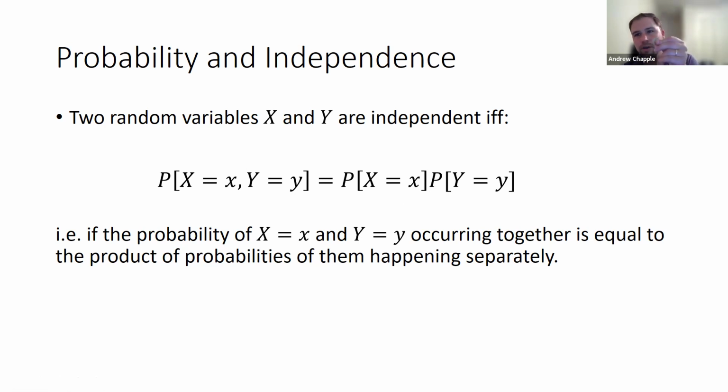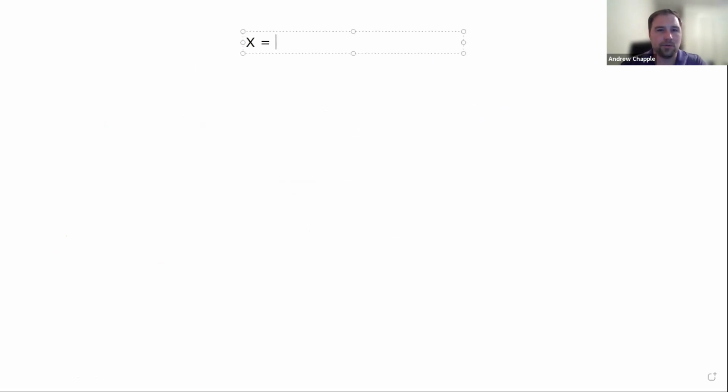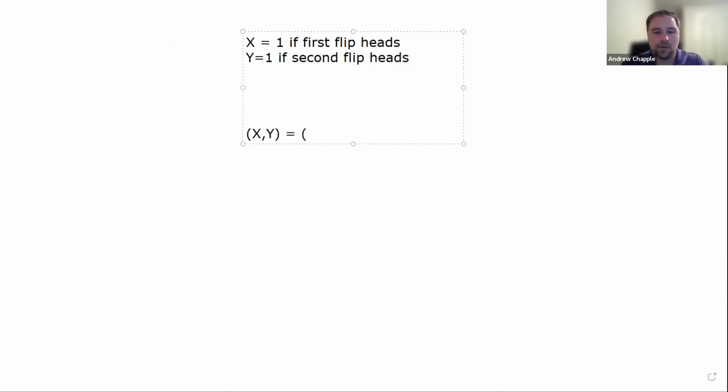So for example, in the coin flip, if I flip 2 coins, I have X and Y. X equals 1 if the first flip is heads. Y equals 1 if the second flip is heads. In this case, X comma Y could equal 4 things. It could equal 0, 0, which means both tails.